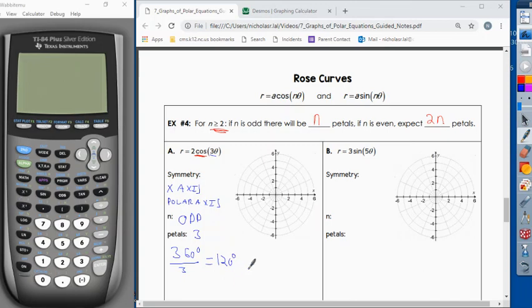So that means a is equal to 2. Remember, a is equal to 2. The petal length is on the x-axis.